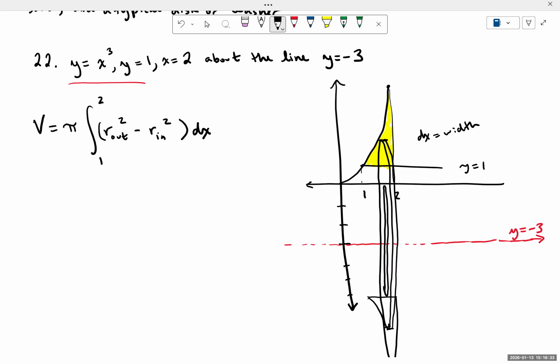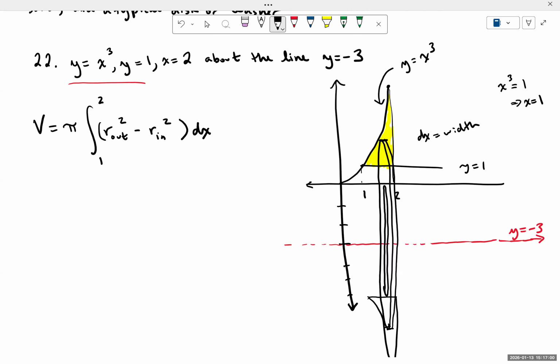The top one is the curve y equals x cubed. The bottom one is the curve y equals 1. And x equals 1 happens because x cubed equals 1 means that, of course, x equals 1, right? So it goes through 1, 1. Fine.